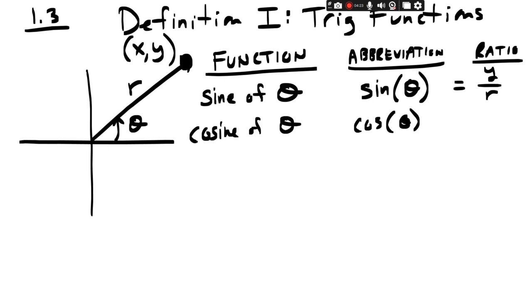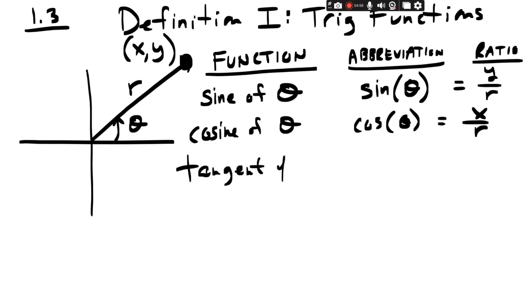And the ratio that Hipparchus used, that we've used ever since, is x over r. Again, we're just using Hipparchus's definitions, and we've used them ever since.